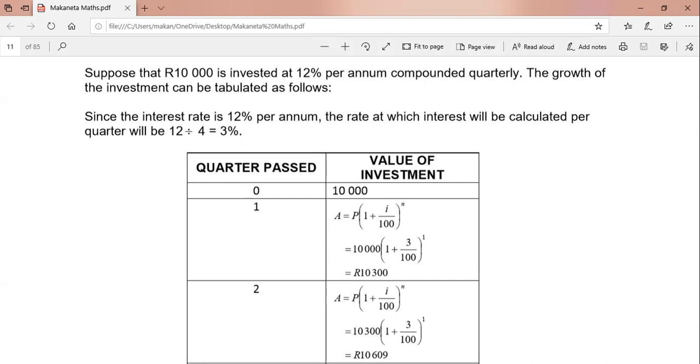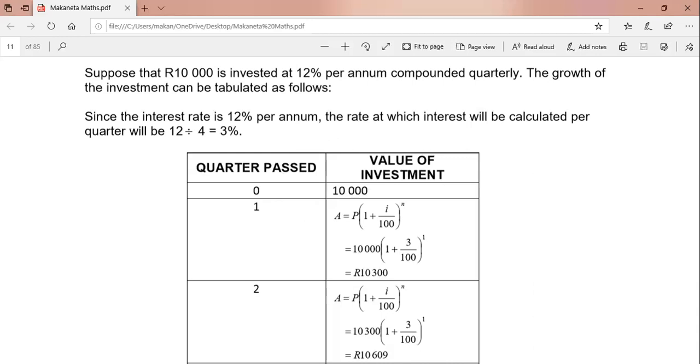Now the same goes for the investment. In terms of the period of investment, you start at zero, and then you move to 1, 2, 3, and 4. So the value of your investment at zero, meaning at the beginning of your investment, will be 10,000 rands.